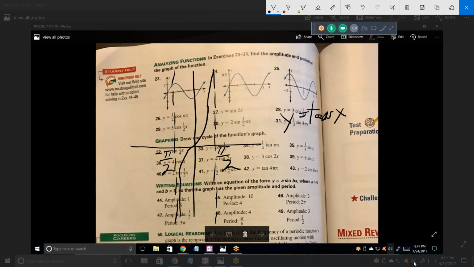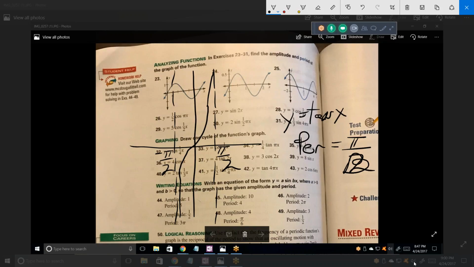So what's the period going to be? First of all, tangent's not like sine and cosine. With sine and cosine, the period is 2 pi over b. With tangent, the period is pi over b, because one period of tangent is only pi big.